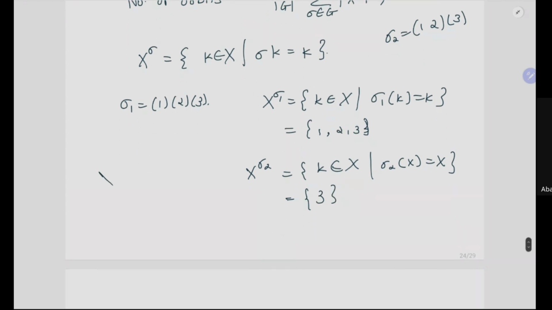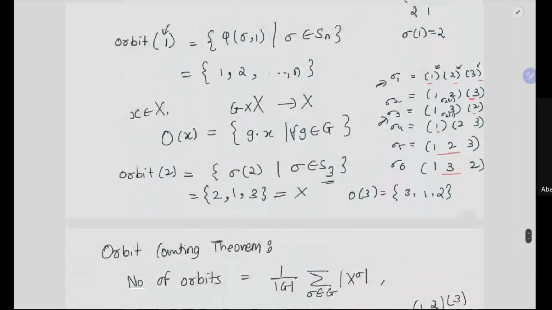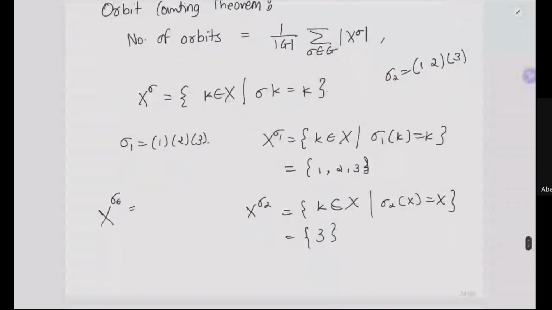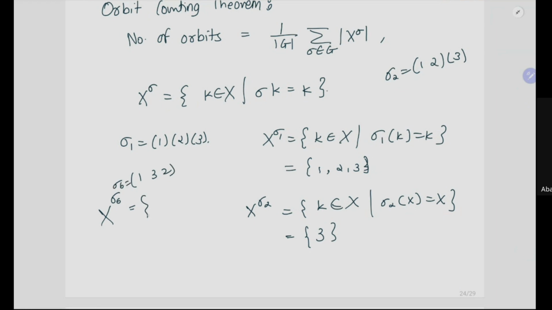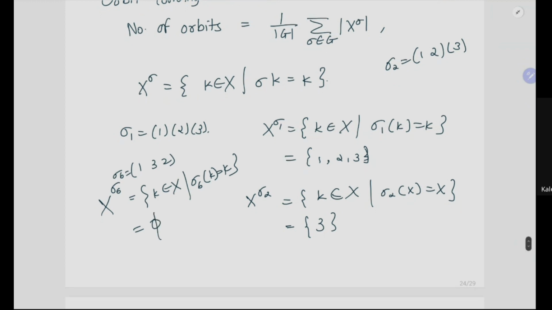Now let's write sigma 6, which was 1, 3, 2. So x in X such that sigma 6 of x is x is the empty set. Exactly. So you got the hold of what the stabilizer is, right?